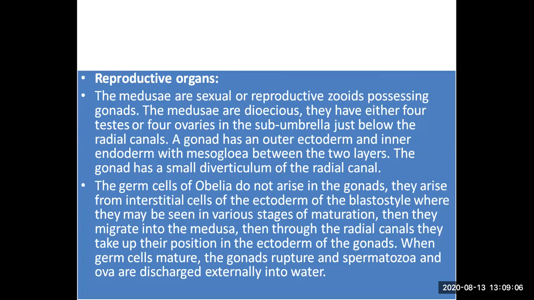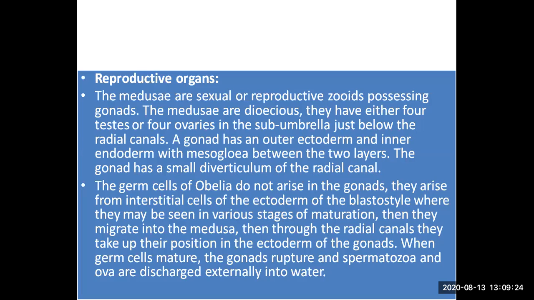The germ cells of Obelia do not arise in the gonads. They arise from the interstitial cells of the ectoderm of the blastostyle, where they may be seen in various stages of maturation.